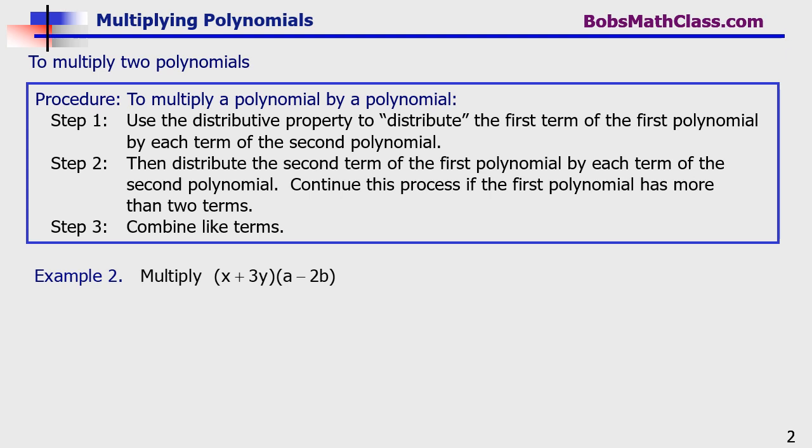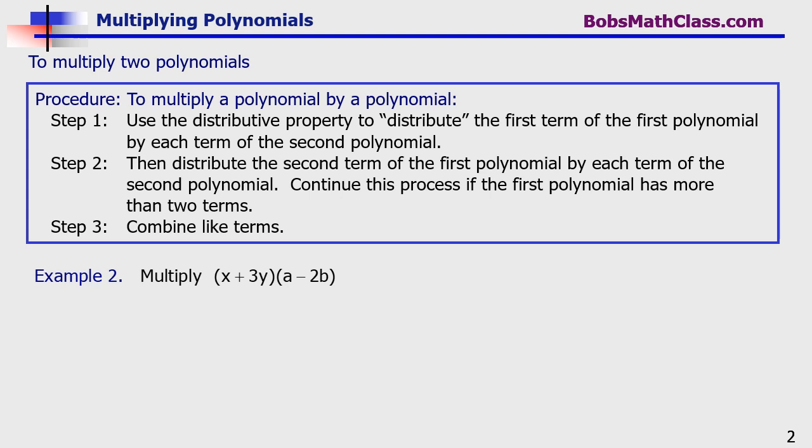So that last example was a monomial times a trinomial. Now we're going to talk about multiplying two polynomials. So we're going to use the distributive property to distribute the first term of the polynomial by each term of the second polynomial.